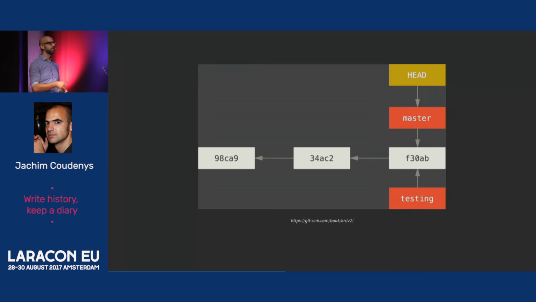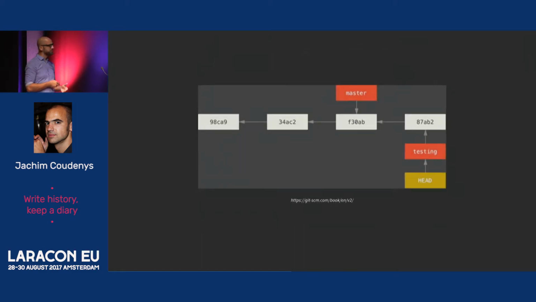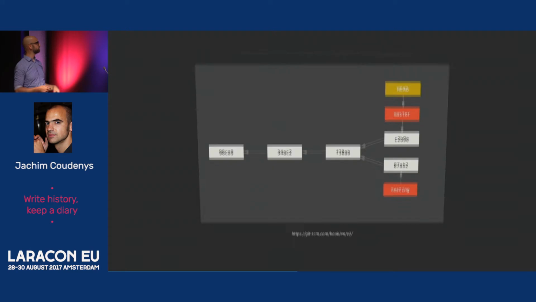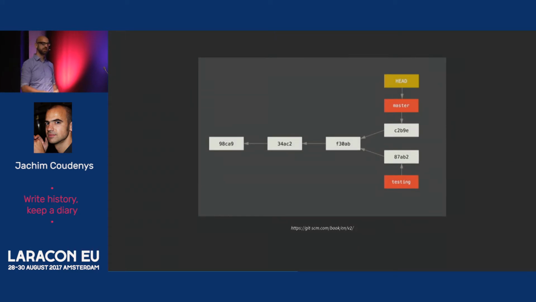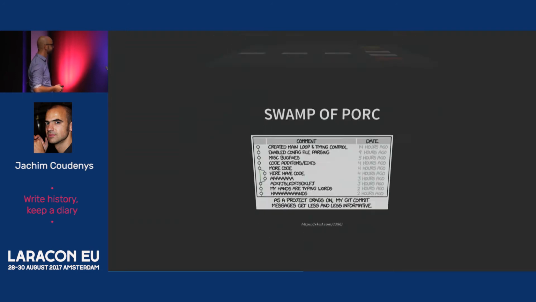The yellow one is the head, and this is where the current checked out directory is at. If you start to change, you just move forward with versions. If you start adding to master, then you start to create branches. So, basic stuff in version control.